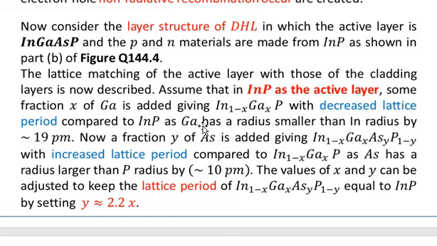So you see that here one has a smaller radius, the other has a greater radius. So we set y is equal to 2.2x such that the lattice period becomes equal to that of the indium phosphate.